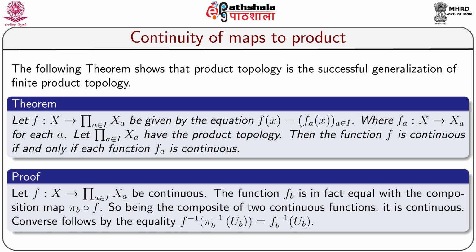Now since f is given as continuous, therefore f inverse of π_β inverse of U_β is also an open set, hence f_β inverse of U_β is an open set. This means that f_β is continuous, and this is true for each β belonging to I. So this shows our theorem.